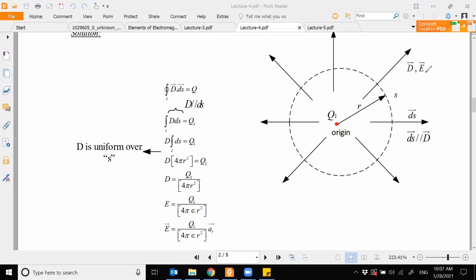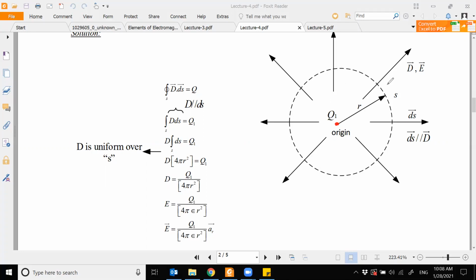I want to find the unit normal for this vector dS. If you remember, in our last class I explained about the open surface and the closed surface. For an open surface, the unit normal can be outwards or it can be inwards. But for a closed surface, the unit normal will always be outwards.